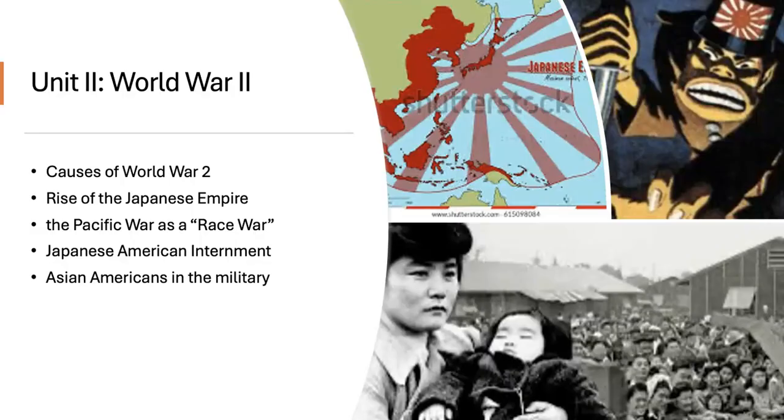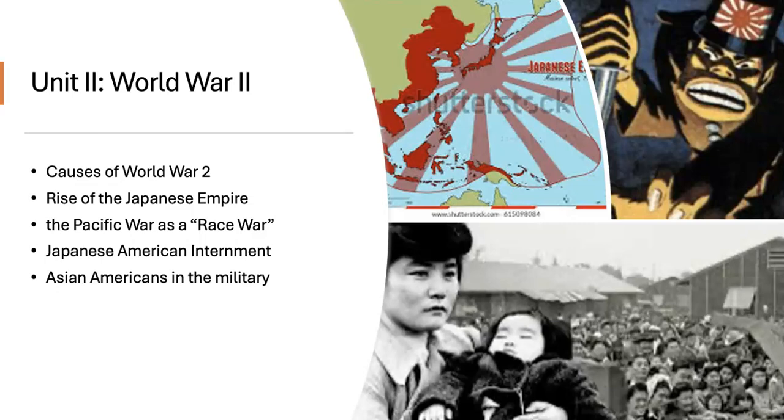And it'll also involve other empires like the British Empire and the French Empire, who also had presence in the Pacific region. But really, being an Asian American history class, we will focus more on the United States colliding with Imperial Japan.